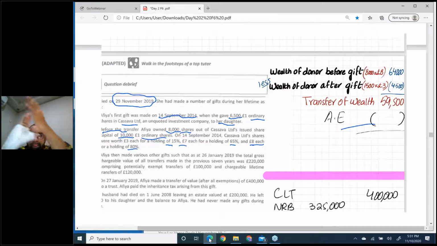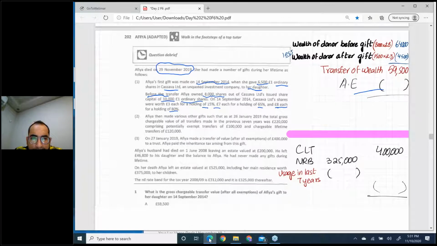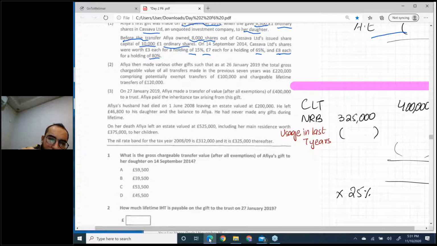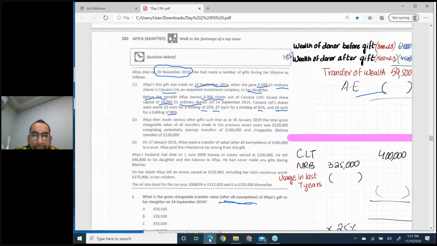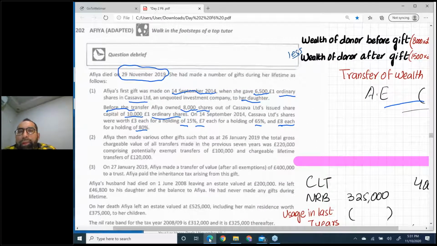Please concentrate, boys and girls. I'm reading question number 1: what is the gross chargeable transfer value after all exemptions? After all exemptions means we have to deduct the annual exemption as well. 14 September 2014 means the 2014-15 fiscal year.